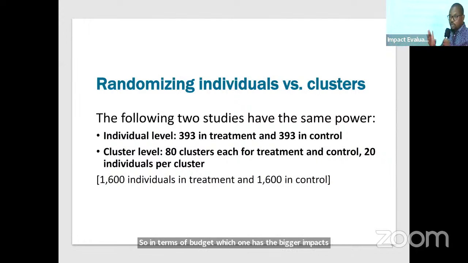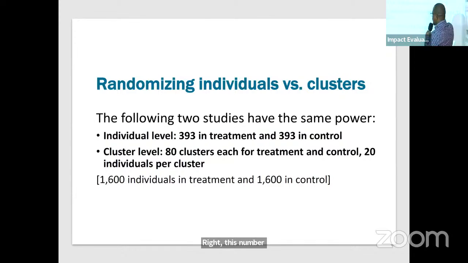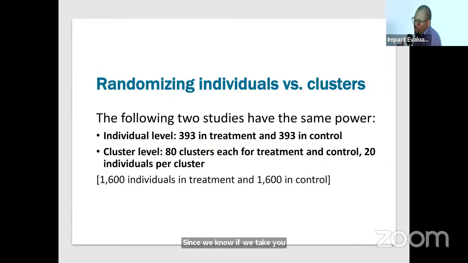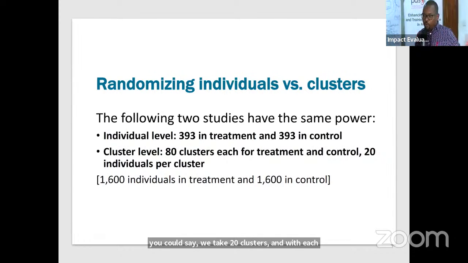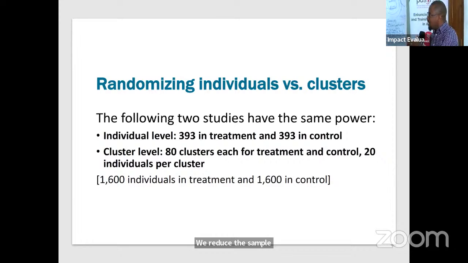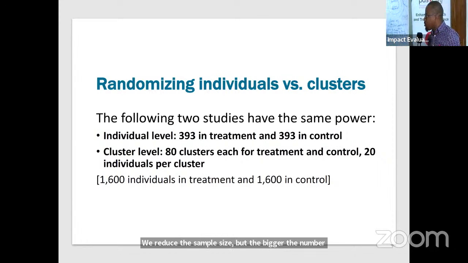Right? That's number one. But the point I'm trying to drive home here, since we know if we take fewer clusters, and within, we could say we take 20 clusters, and within each cluster we take 50 people, we will reduce the sample size, but the bigger the number within a cluster is not useful to us. Are we together? So that means if you're going to do cluster randomization, you would need more clusters to have more variation.